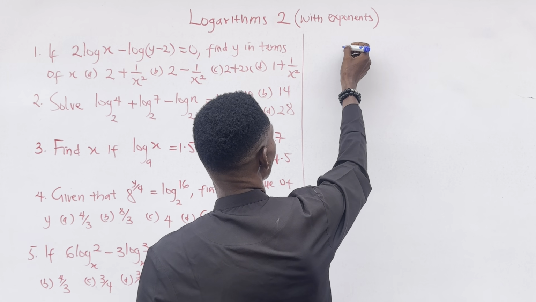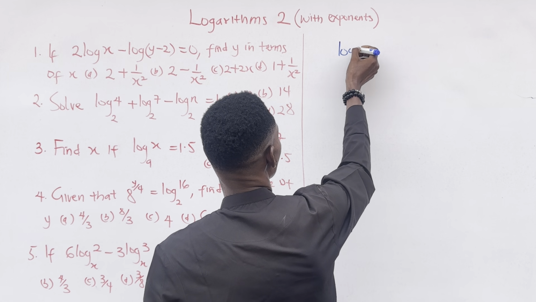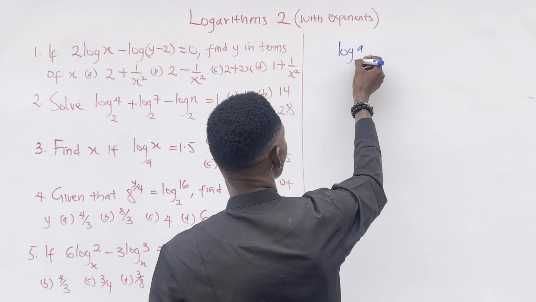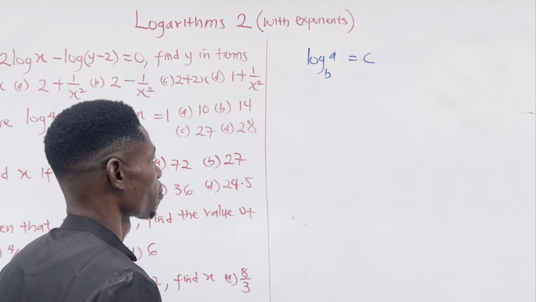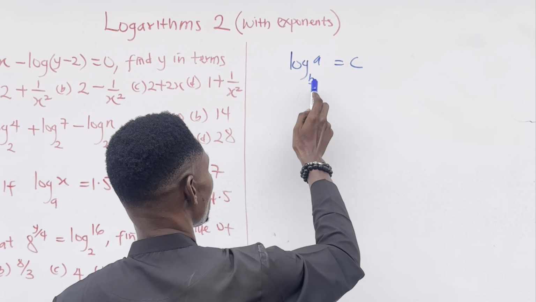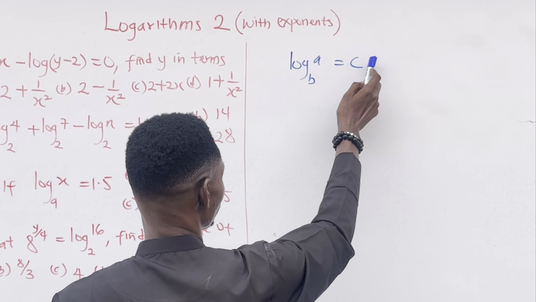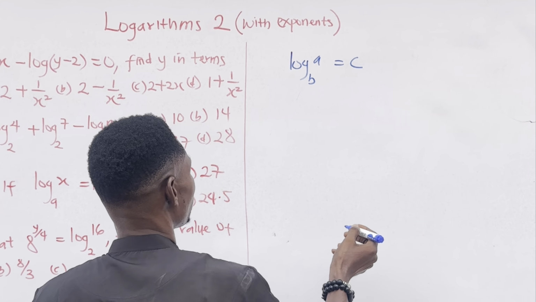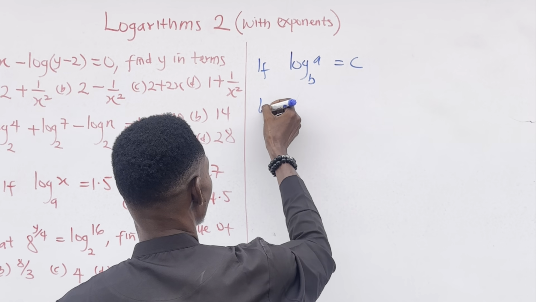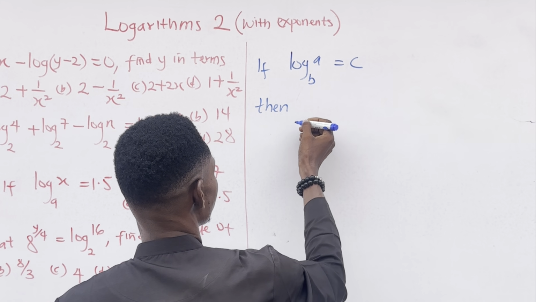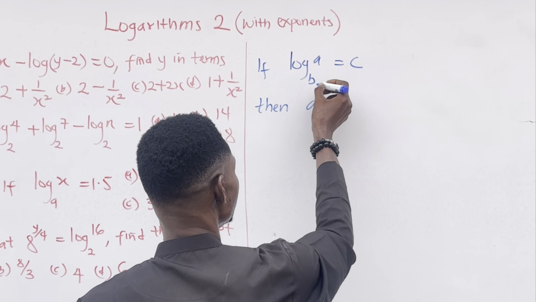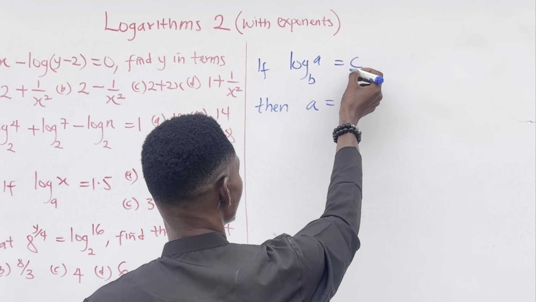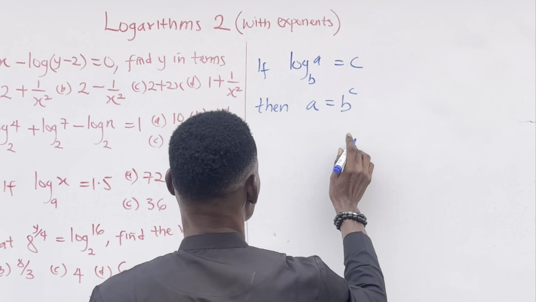Let's say we have log a to base b equal to c. So our logarithm whose argument is a and base is b is equal to c. Now if we have this, then a, which is the number or the argument of the log, will be the base b raised to power c.